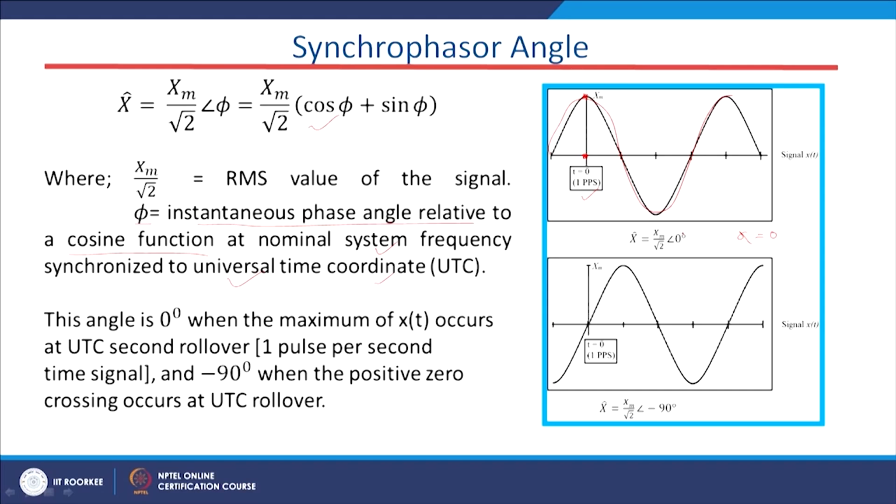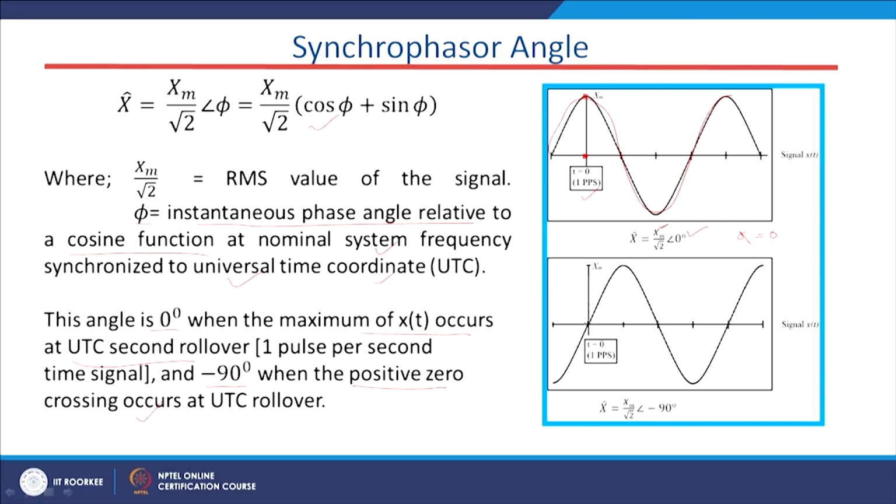And how to write this particular phasor? This is X max divided by root 2 angle of 0 degree. X stands for either voltage or current. It may be a voltage signal or it may be a current signal. Now, this angle is 0 when the maximum of X occurs at the UTC second rollover, and minus 90 degree when the positive zero crossing occurs.